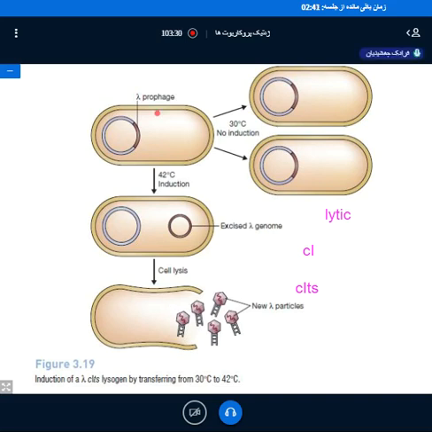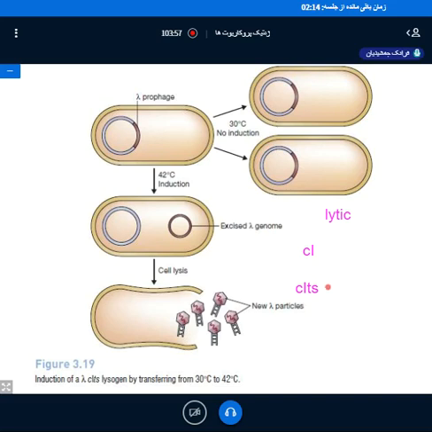Fatima, listen to me. If we want to clone a gene, at first we may not want the phage to go through lytic. At first we just want to clone the genes. So we can use the phage which has the mutation in gene C1.